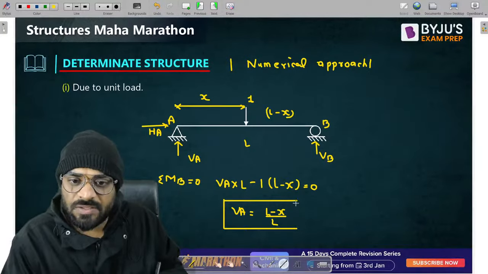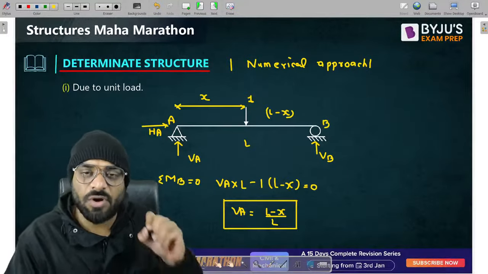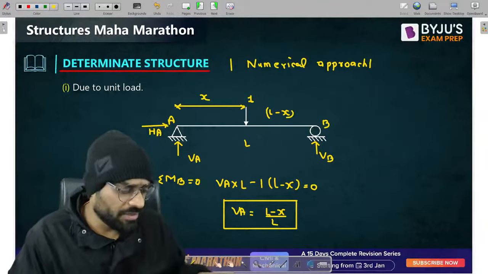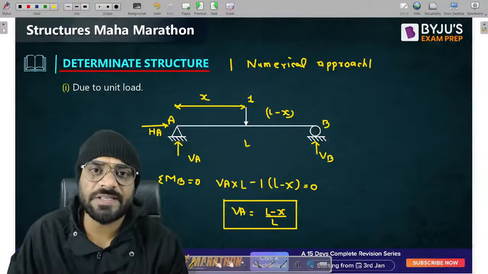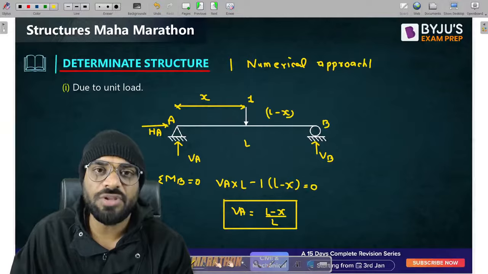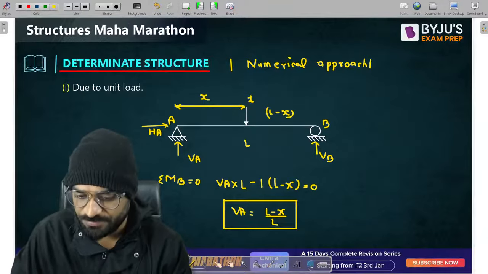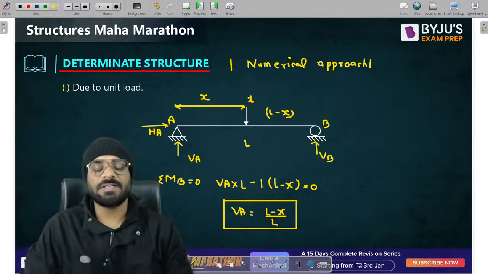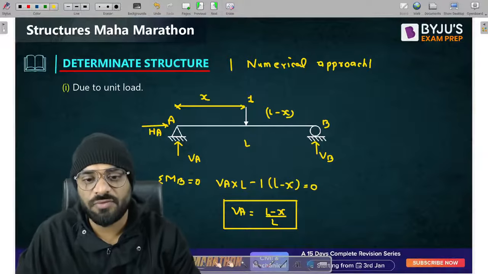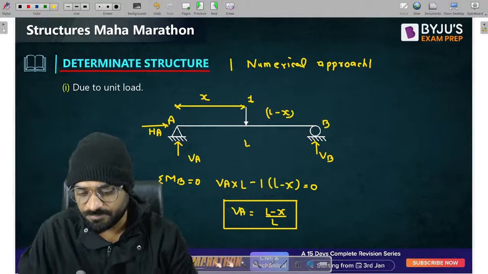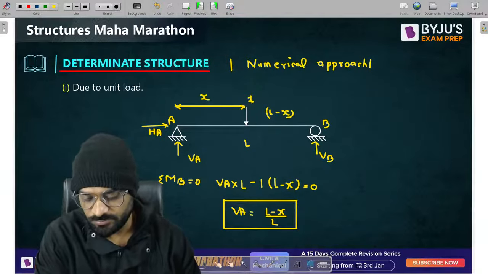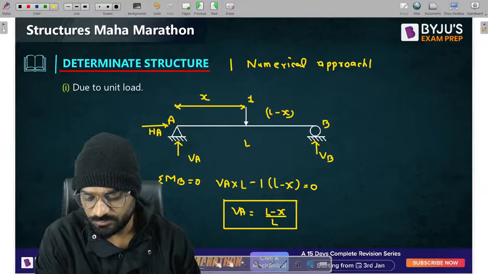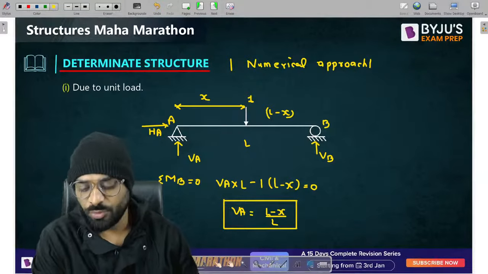Now guys, what is the value of X? Is it the distance of section or the position of unit load? Please write down. It is the position of unit load.